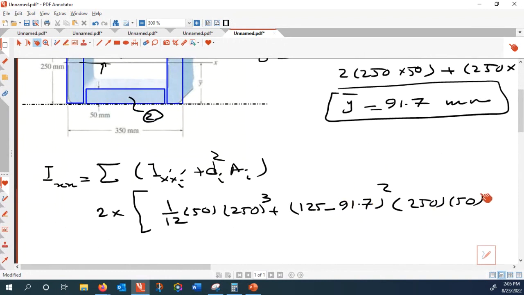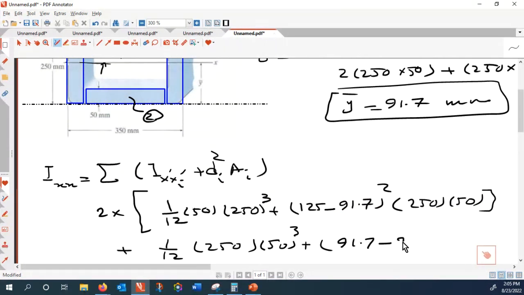Okay, so this is with the first shape, and then I can add this one to that of the second shape, which is plus 1 over 12 for this shape. B is 350 take away 100, that is 250, multiplied by 50 cubed, and then the penalty we pay is 91.7 minus 25, because the centroid of this one is 25, and that is D2.